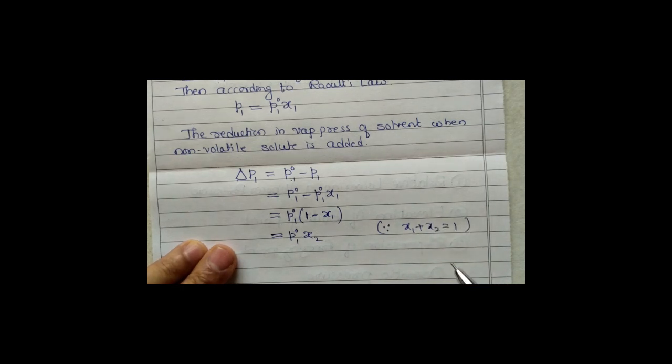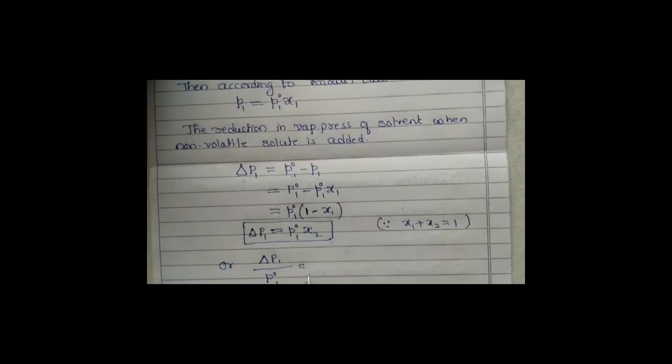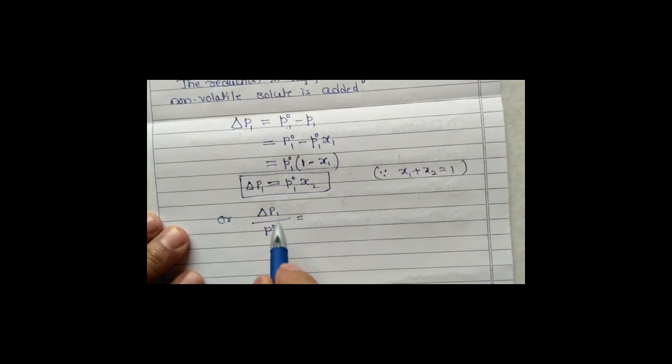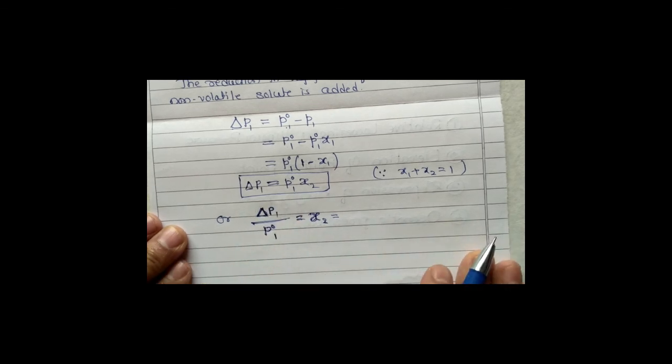So we got delta P1, the lowering of vapor pressure, equal to P01 x2, or delta P1 divided by P01 equal to x2. I have just transferred P01 to the denominator.